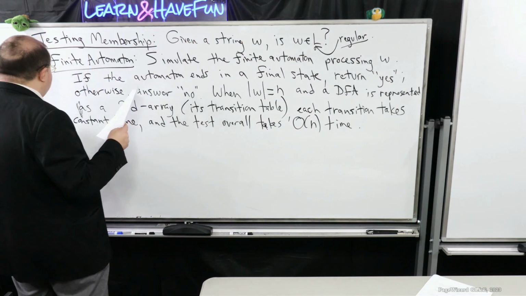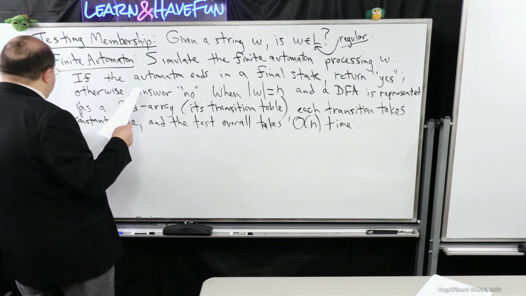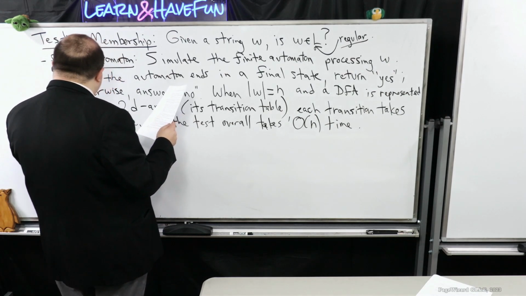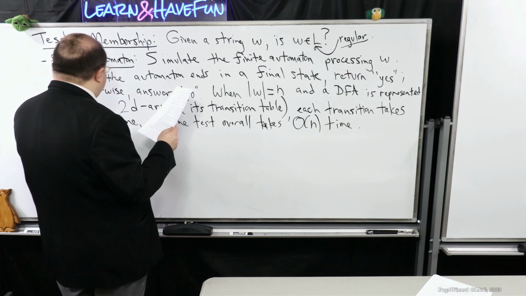Now, you might ask, okay, suppose it's a regular expression instead. Now, this is just one way of going about it. It's going to be very similar to what I said previously.